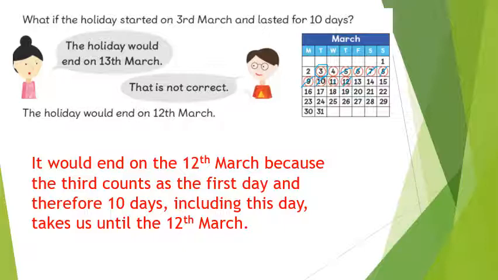If we were counting from 3 to get to 12, how many would we add? Well, if we had 3 in our head and we count on 4, 5, 6, 7, 8, 9, 10, 11, 12, we get the answer of 9. But don't get this confused with addition. We're making sure that we're including all of the days within that time period.